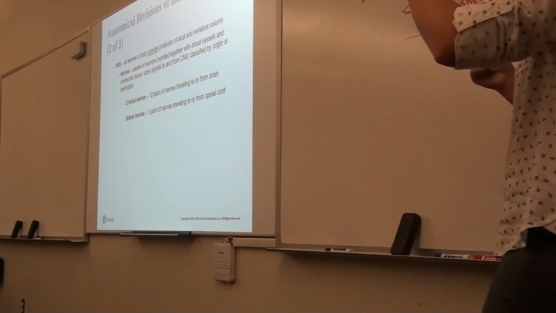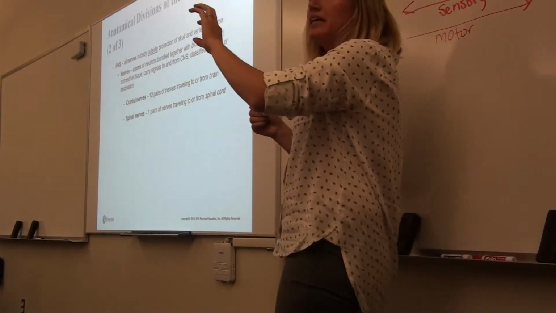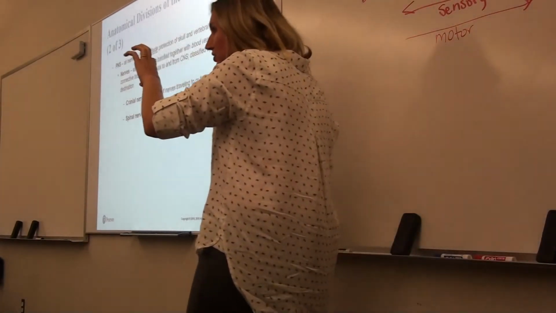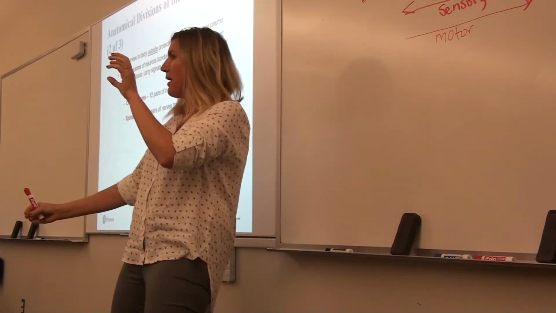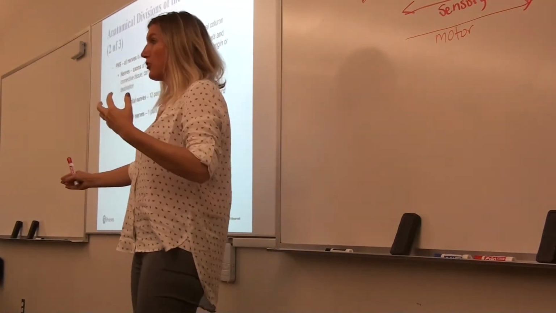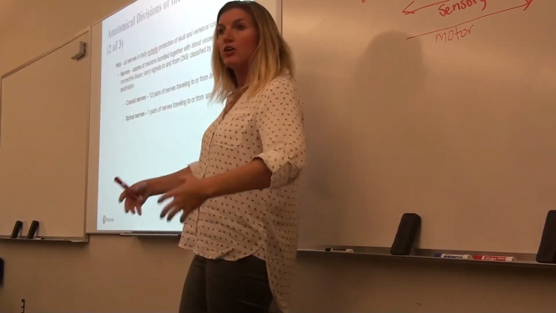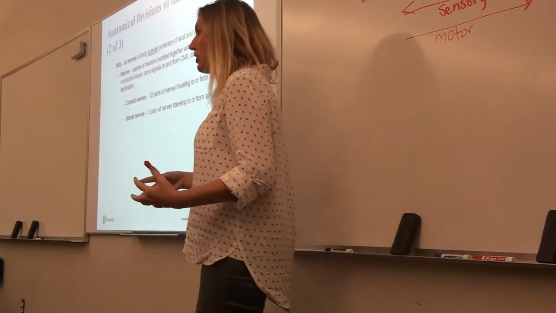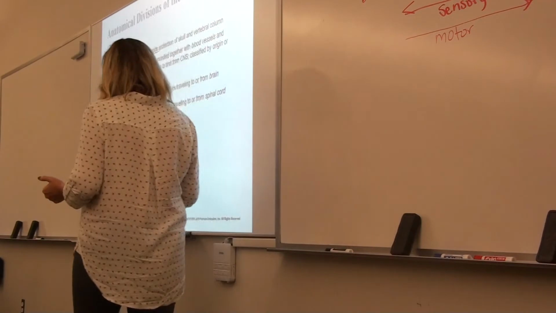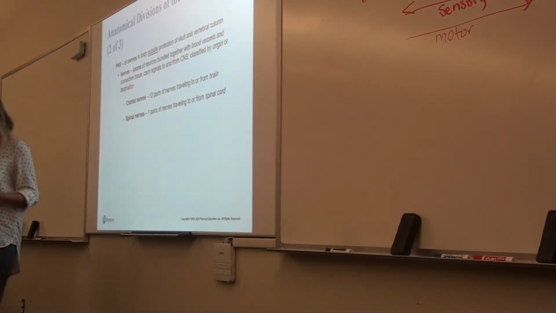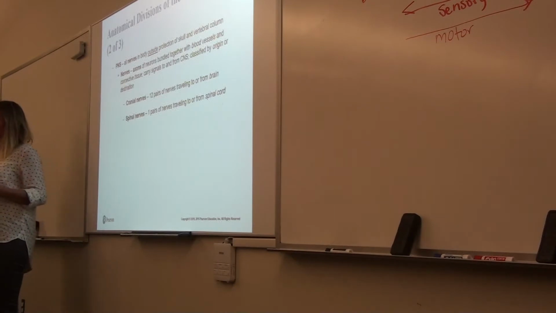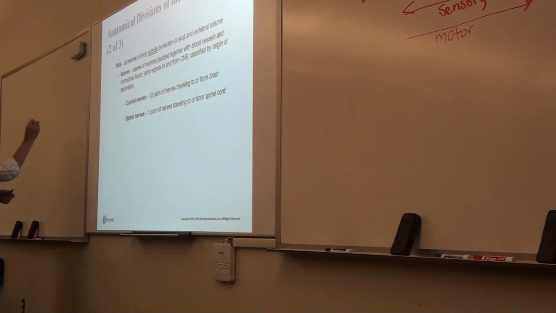In other words, the cell bodies are kind of rooted in your brain or rooted in your spinal cord, and then the axons, these long extensions, come out and they form these nerves. The nerves that go down and contact all of our skeletal muscles. So we actually have 12 pairs of nerves that come directly off of the brain. They're called cranial nerves, right? So I like to draw this.